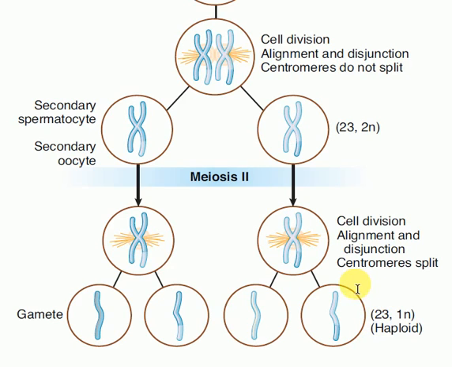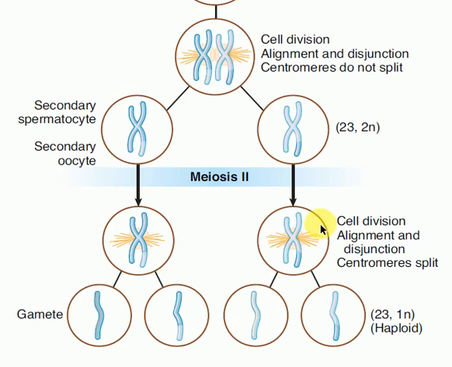So a total of 4 cells are produced, and the number of chromosomes remains the same, that is 23, but the amount of DNA is reduced from diploid to haploid, and these are the gametes. So these are the similarities. This exactly is what is happening in both the sperms and the ovum.